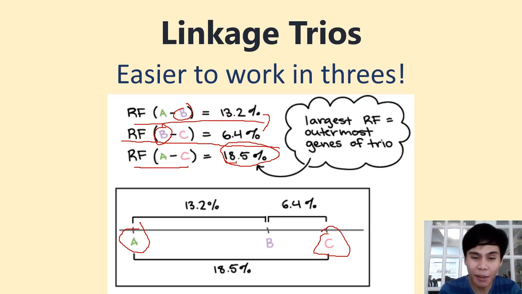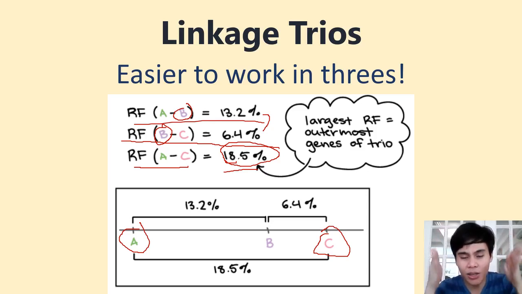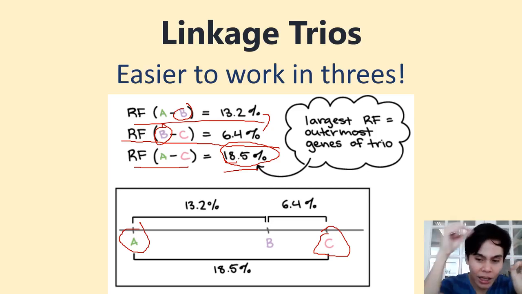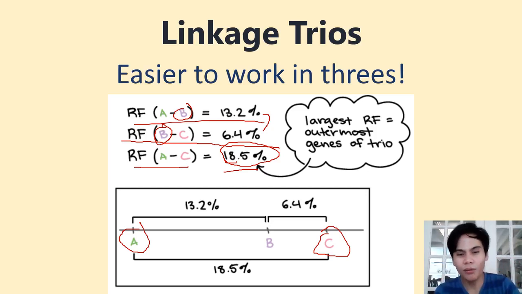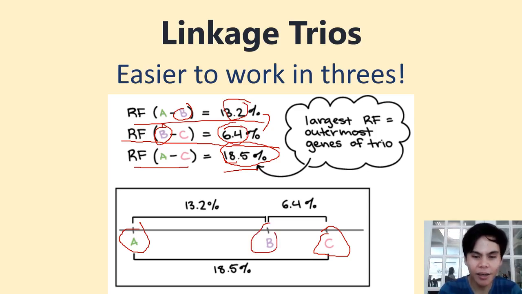Again, yung malaki, yung recombination frequency, sila yung pinaka malayo sa isa't isa. So that has the largest distance, so that means that it's possible to have the other genes in the middle. So if you add up the recombination frequencies of the genes that you think are in the middle, you can figure out which genes are in the middle of the two outside genes.